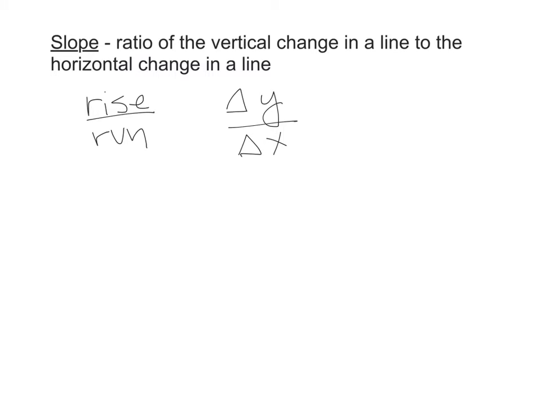Those little triangles are actually the Greek letter deltas, and they stand for change. But that is the basic idea for how to find slope. What we're going to do now is go back to our first 2 examples where we graphed and found the unit rate, and we're going to find the slope of the lines that we created in those graphs to see how slope relates to all of that.